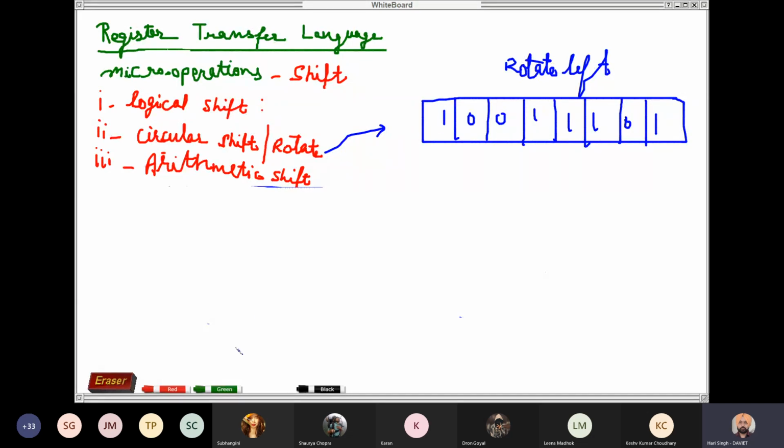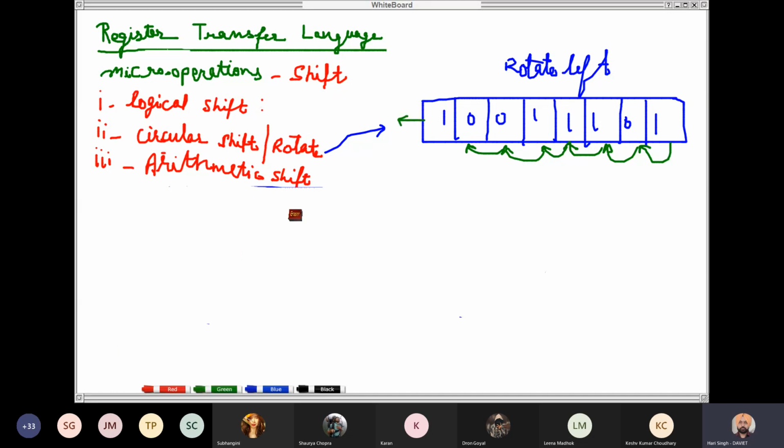Okay. Then the shift operation is the same as we discussed in logical shift. In logical shift, the last bit is lost, it goes out of the register.